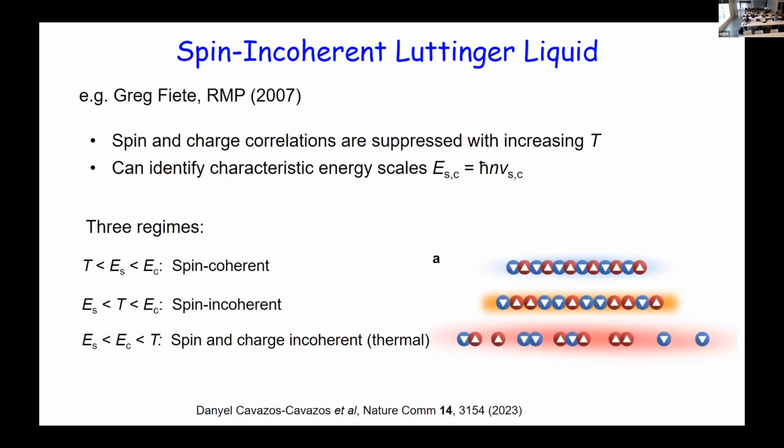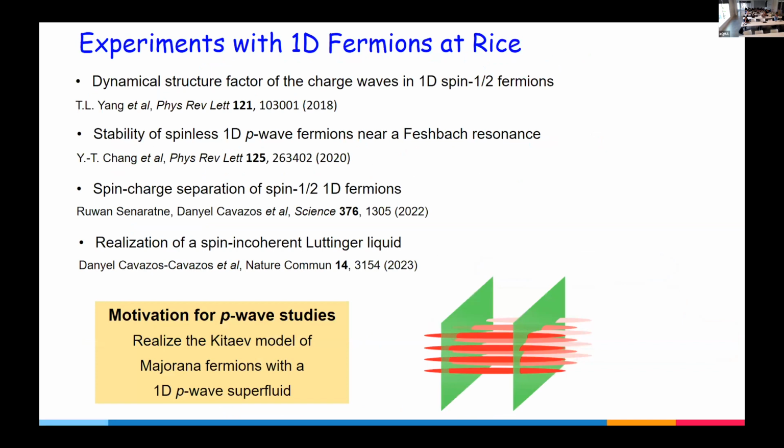Okay, so we also looked at the spin incoherent Luttinger liquid recently, and this is if you increase the temperature of the system. This was worked out by Greg Fiete, who's one of the few people that has really obtained results on this theoretically. And we can see this transition from a spin coherent to a spin incoherent to a completely thermal gas in these measurements.